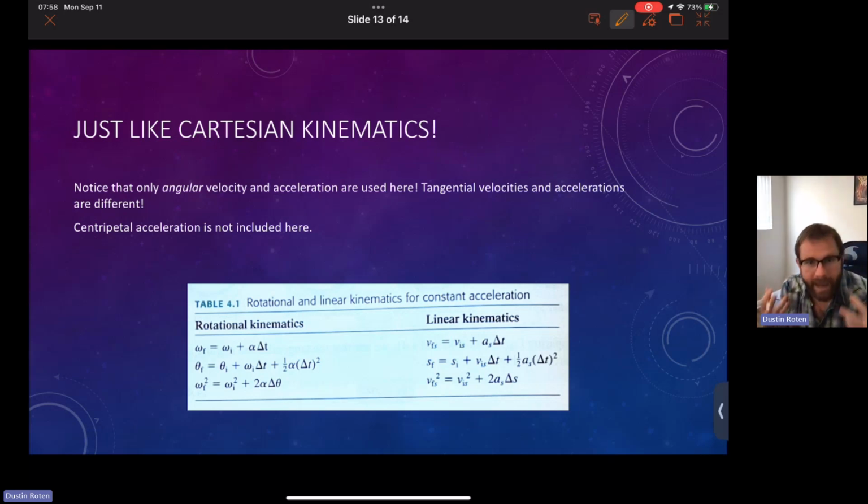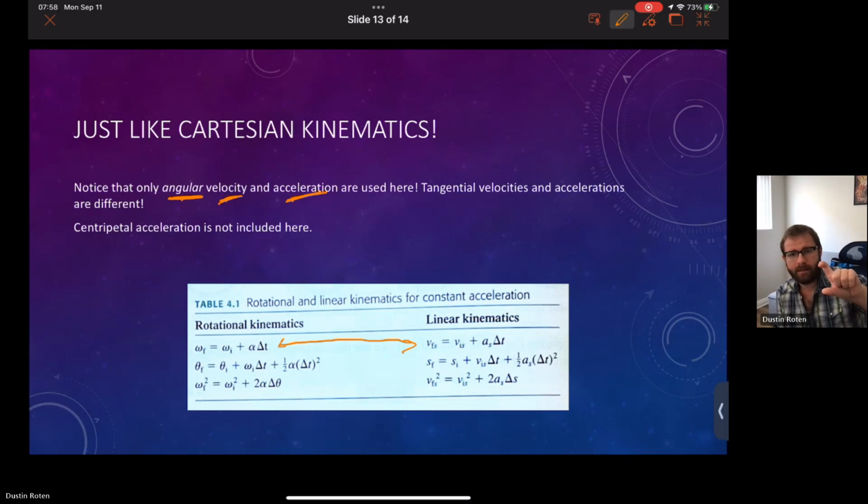Now, if we're just thinking about angular velocity and angular acceleration, it turns out that the equations are the same. Just like the linear kinematic equations we've been using, instead of a linear velocity, it's just replaced with omega, an angular velocity.